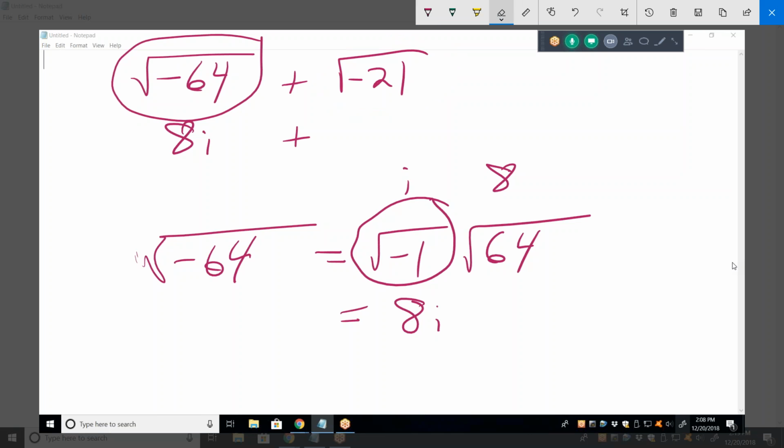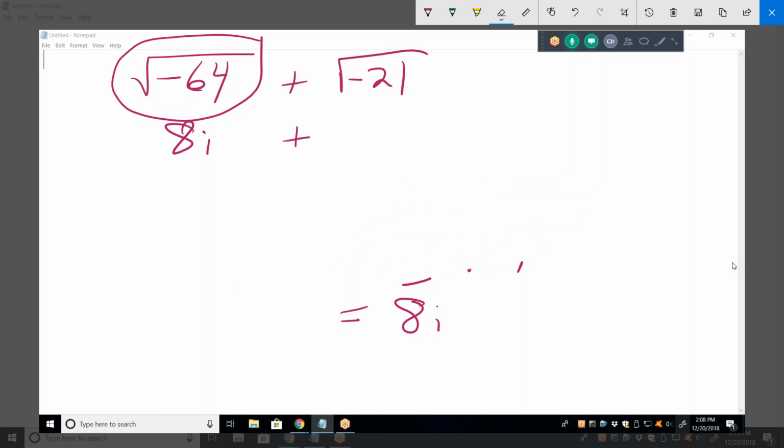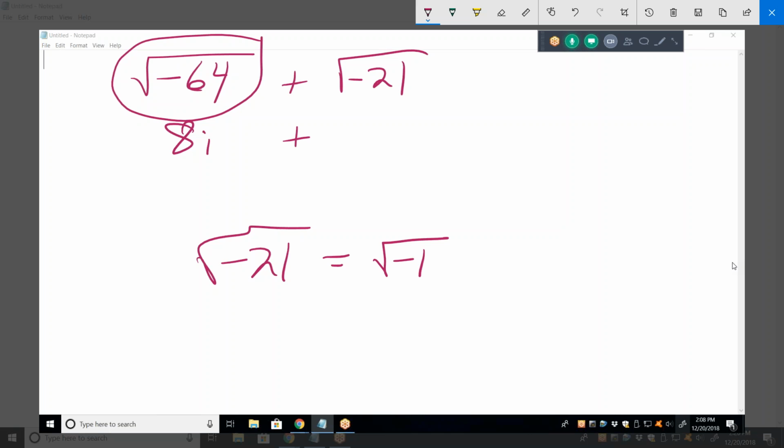Here, let me erase what I've got down below. Let's talk about what the square root of negative 121 is. It's not negative 21, it's negative 121.